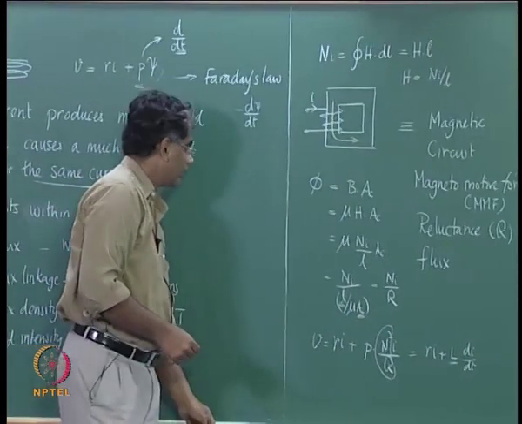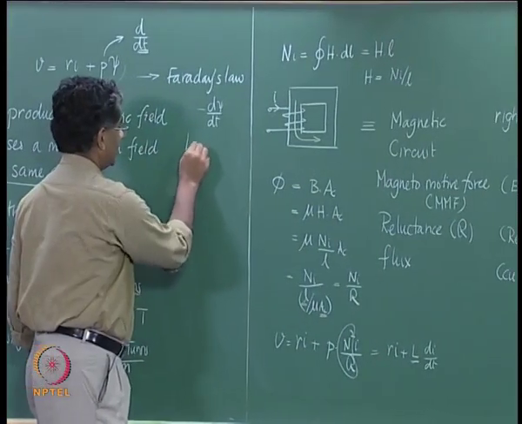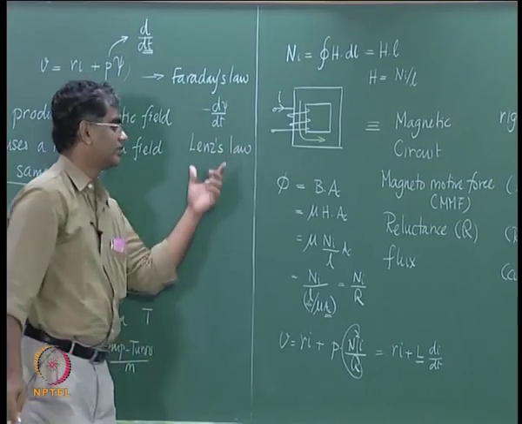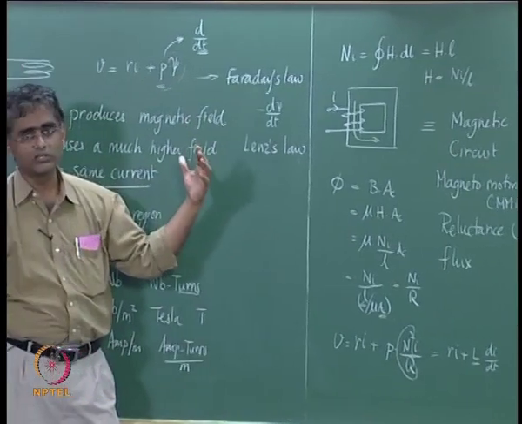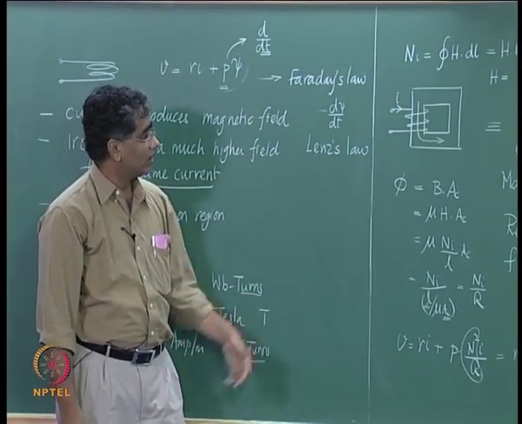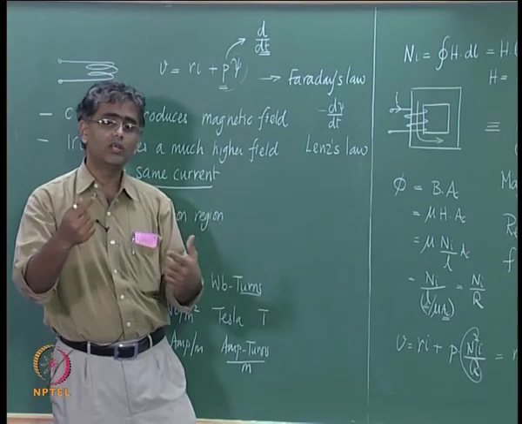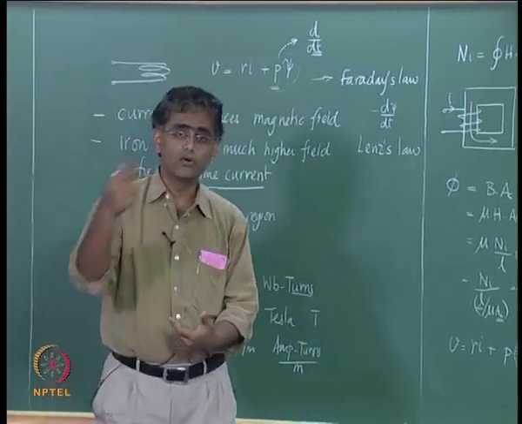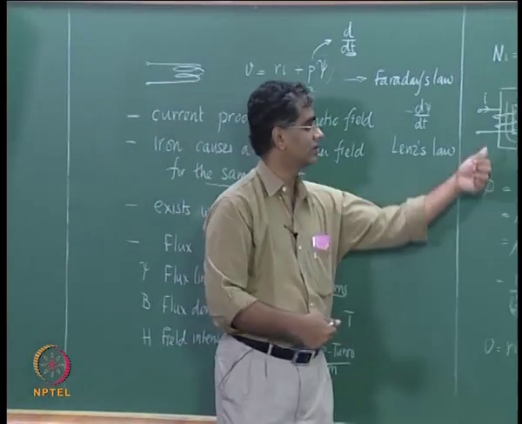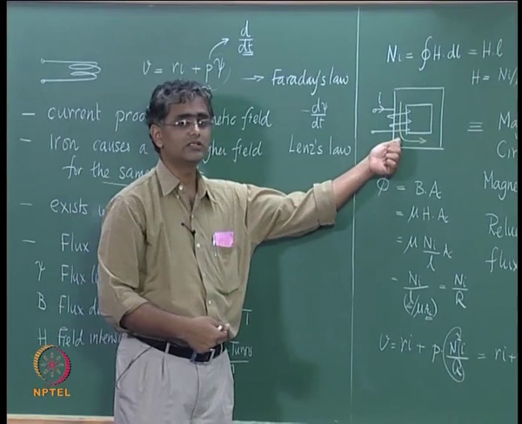And we now have Lenz's law, which says that the direction of induced EMF will be so as, if you allow the induced EMF to circulate its own flow of I, then that flow will oppose the increase in flux.